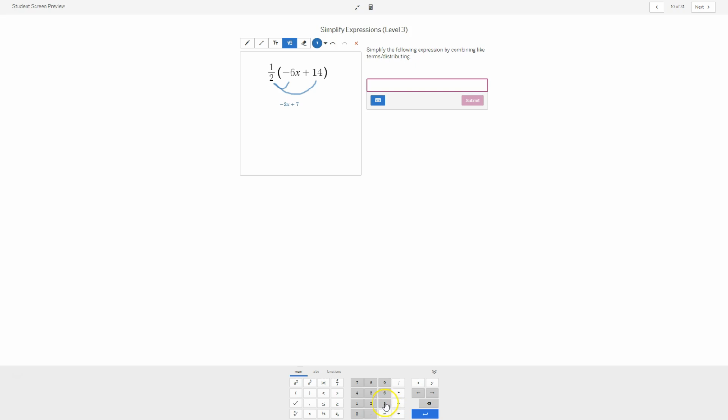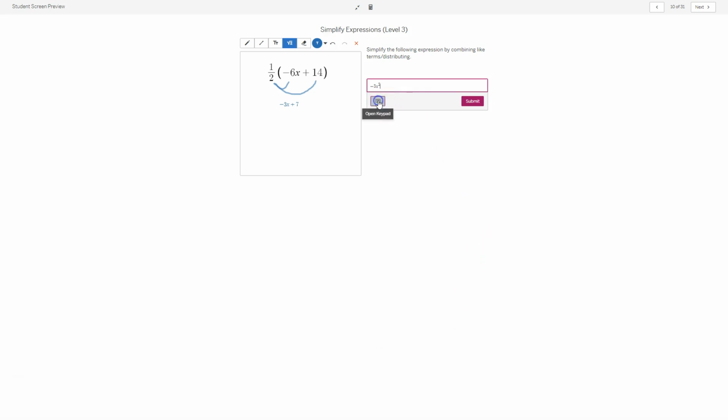So if you needed to type in -3, and let's just say it was x squared, you can do the x squared like that. And then when you click it again, it goes away. But this one is not, of course, -3x squared. So -3x plus 7, and you submit it, and the little smiley face says that we're right. So I just wanted to show you about the math box.